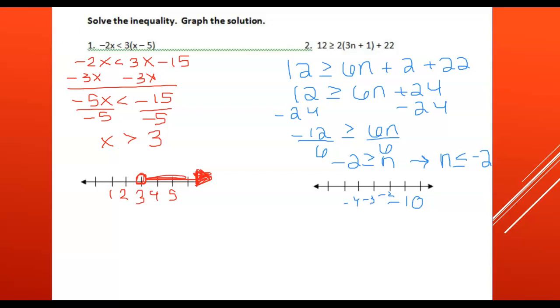It is a closed circle this time, and the n values have to be smaller than -2, so we shade left.